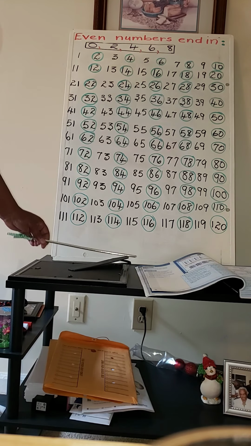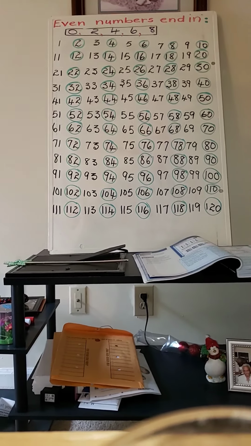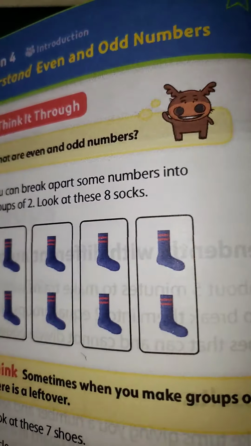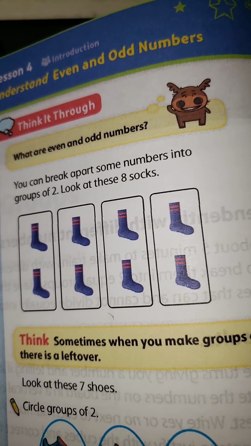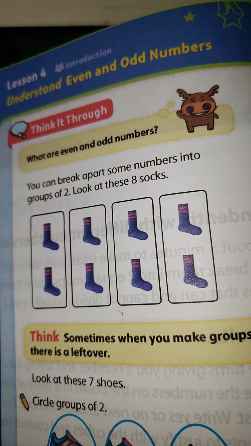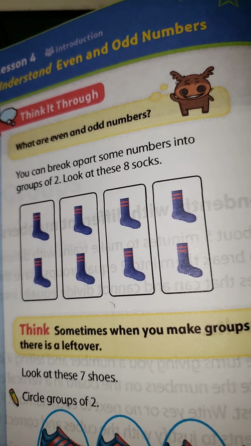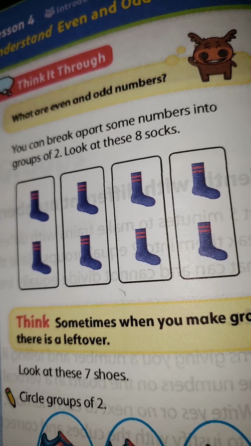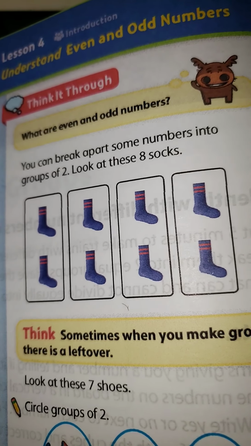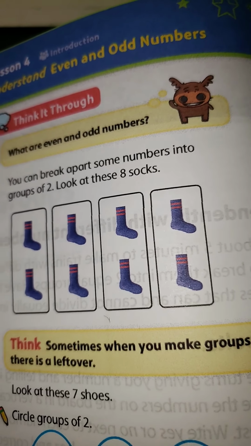All right, so let's look in our book at the examples that we have here. Hope you can see. Let's look here. You have 2, 4, 6, 8. When you break apart 8 into twos, you have an equal number of socks.